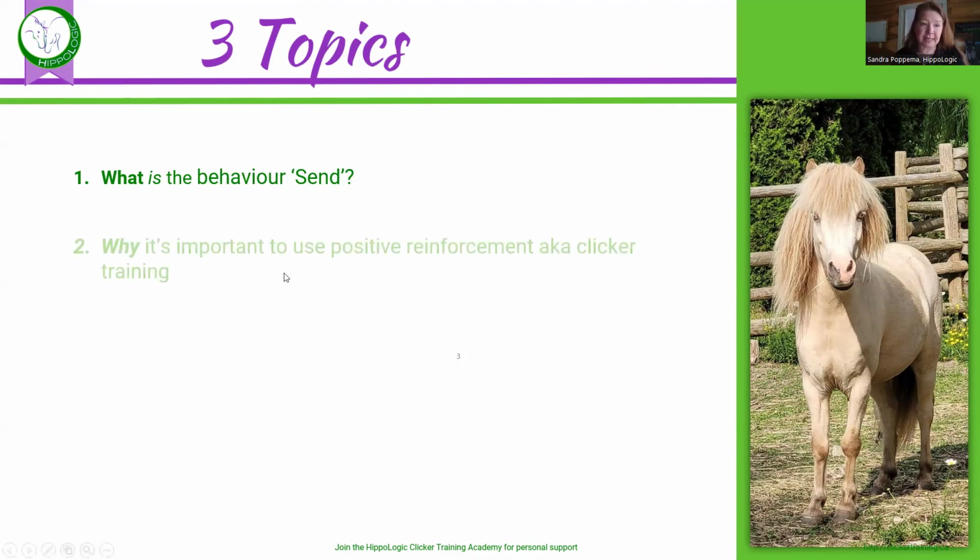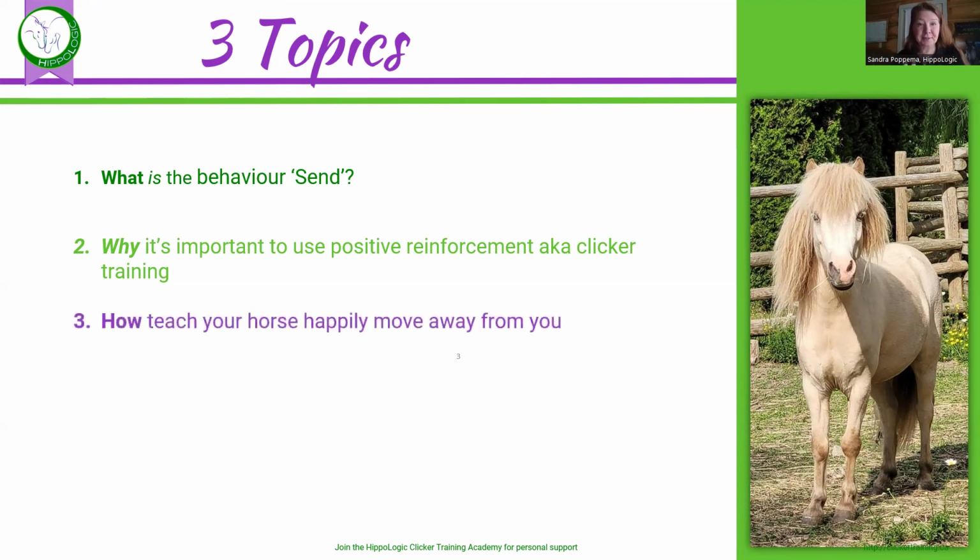The second topic is why it's better to use positive reinforcement, aka clicker training, instead of negative reinforcement to send your horse away from you. Then the third topic is how to teach your horse to happily move away from you so you can start your at liberty and movement training without frustration or fear in your horse.